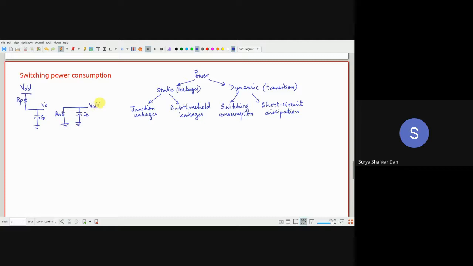Remember, this VO is a function of time t. All right. Okay. So this is a function of time t. All right. So now what we will observe is that there is a current which is flowing here, and a current which is flowing here.